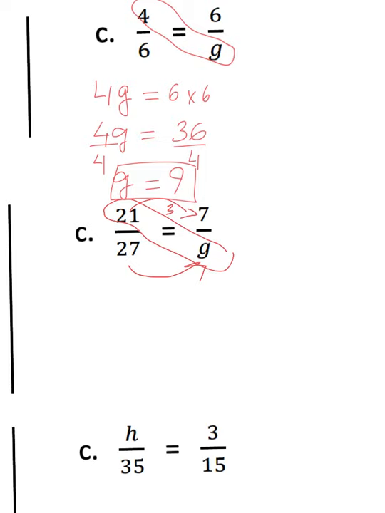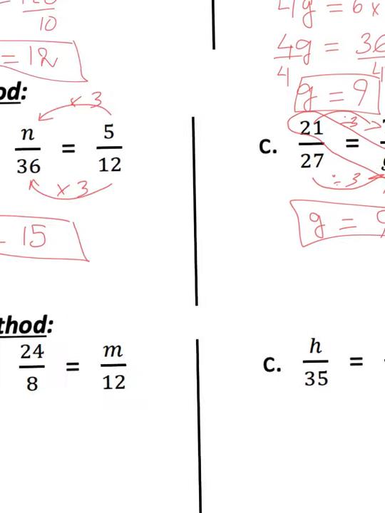But because this one is going toward g, this will be a division, because 21 divided by 3 is 7. So 27, you also divide by 3 because it goes toward g. 27 divided by 3, I have g equivalent to 9. And again, you can do cross multiply if you want to.